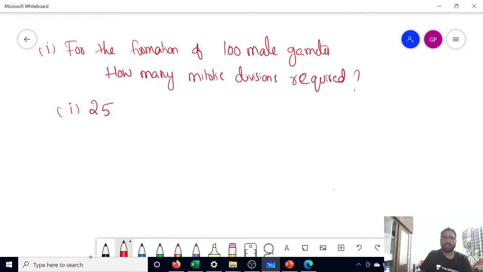First option is 25, second option is 50, third option is 75, fourth option is 100.